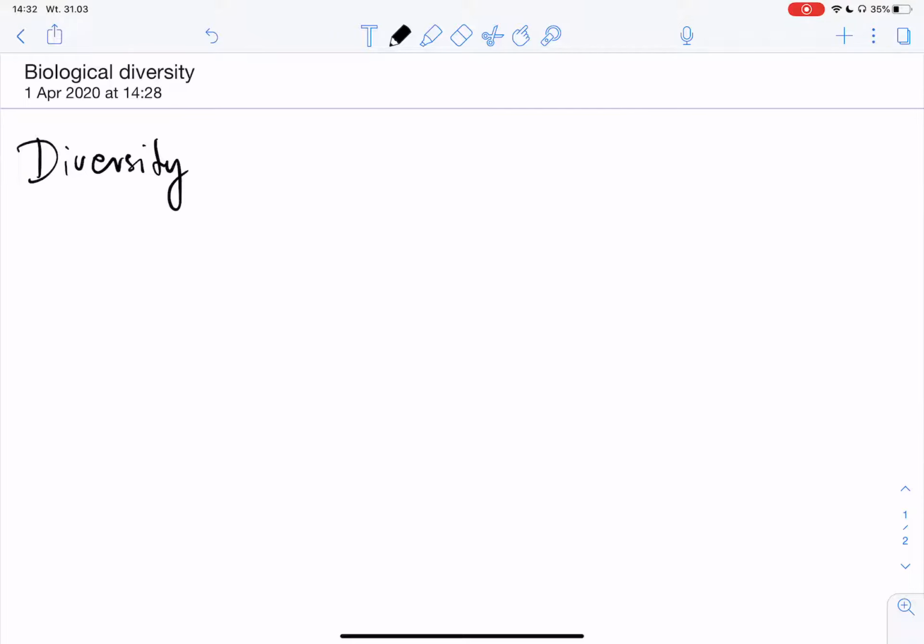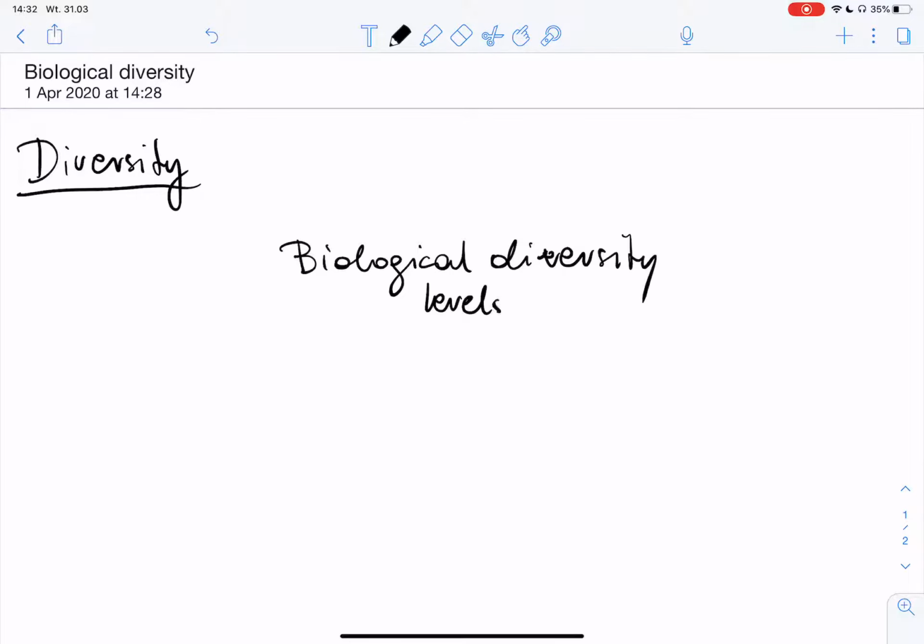And guys, if it comes to biological diversity, it can be described on three various levels. One, two, and three. And the first kind of diversity is the ecological diversity.